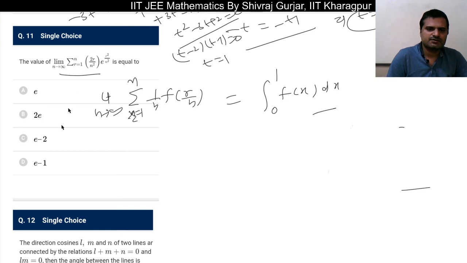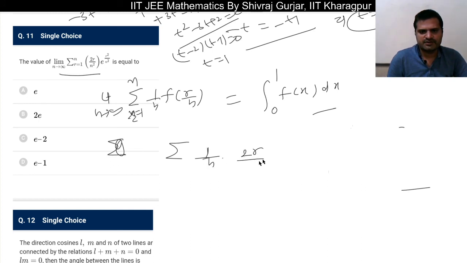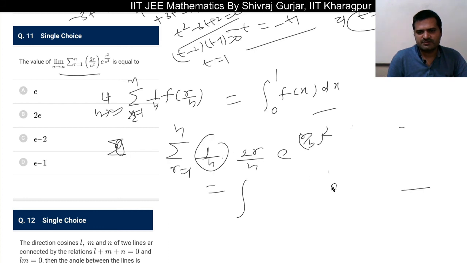Okay, so it is the same here too. So r by n, this can be written as 1 by n summation of 2r by n e raised to r by n square, r is from 1 to n. So 1 by n will be replaced by dx, r by n will be replaced by x, 2x e raised to x square, limit is 0 to 1.